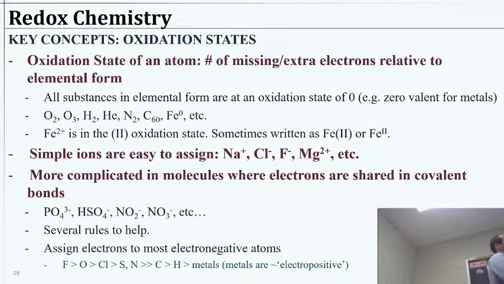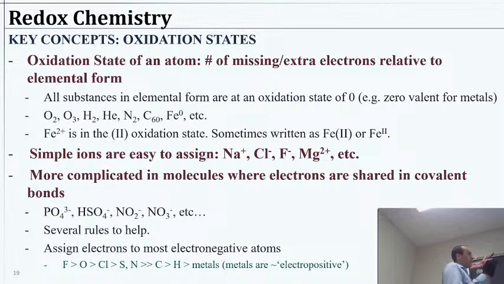Any of those that are existing as a pure substance, we define that as a pure element at the zero valence state. Zero valent meaning it has no additional electrons and it's not missing any electrons.